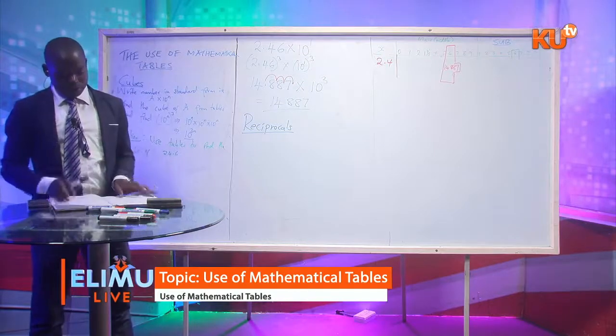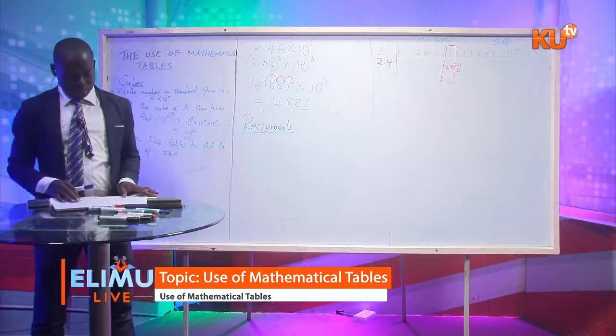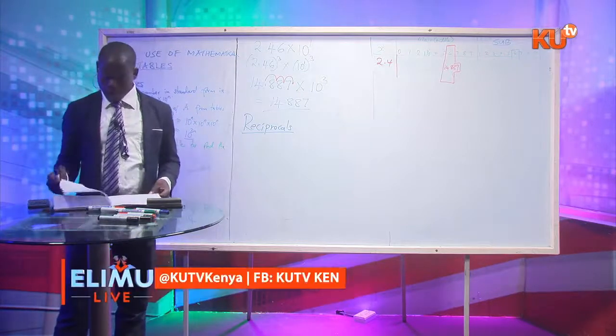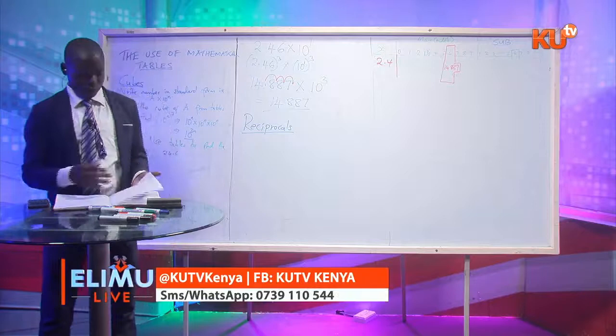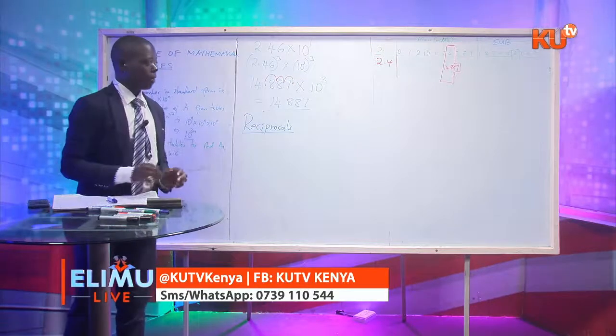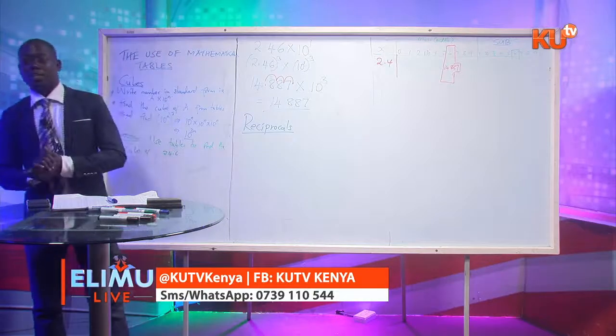Reciprocal columns in your mathematical table, the 6th edition, should be found on page 17 to 18.